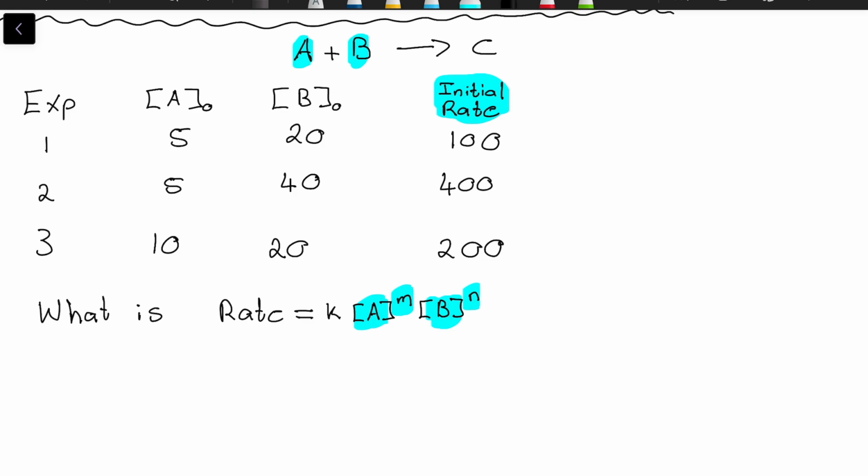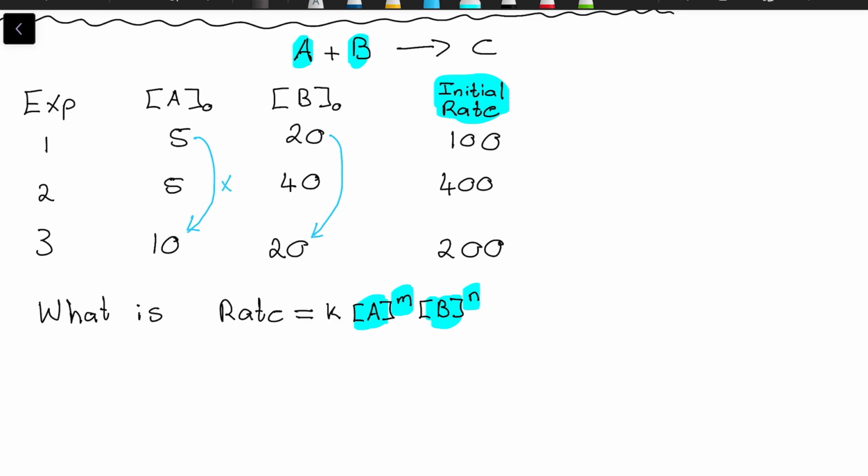So what would be a more useful study is if we set up experiments whereby you increase the concentration of one. So meaning if you look at experiment 1 and 3, look, I doubled the concentration of reactant A, going from 5 to 10, but reactant B, I use the same concentration in those two experiments.